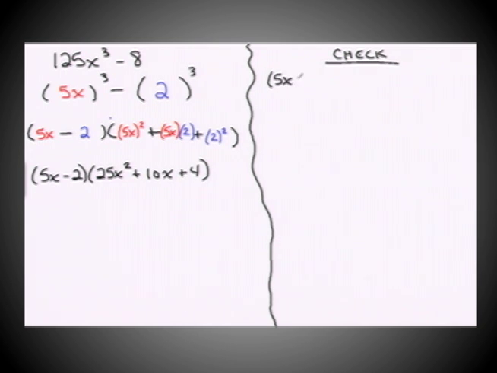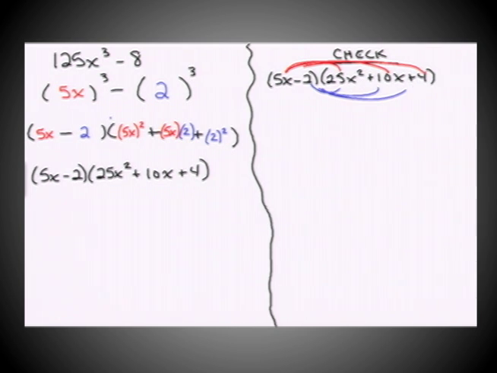So when we multiply 5x minus 2 with 25x squared plus 10x plus 4, we do so by distributing each term in the first set of parentheses with each term in the second set.